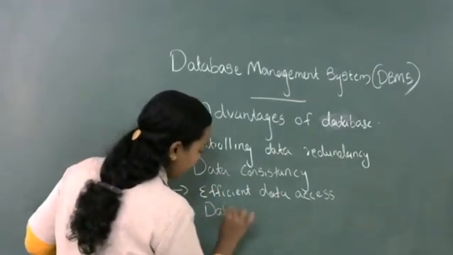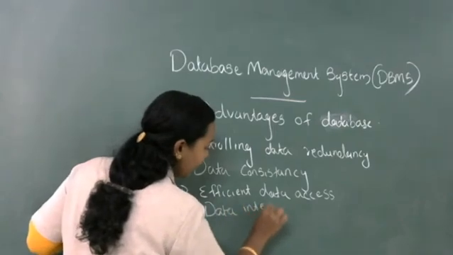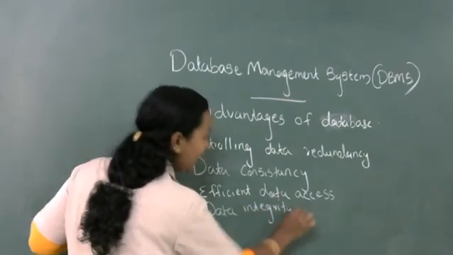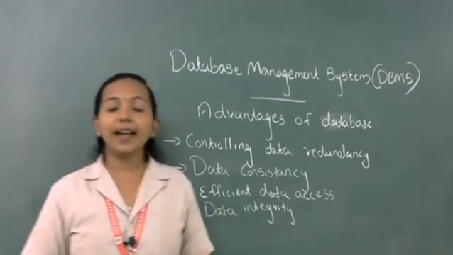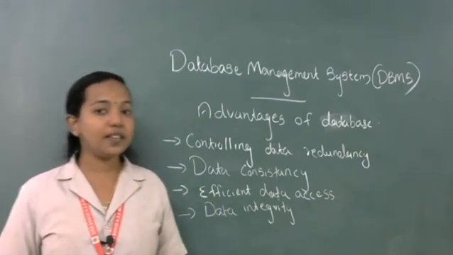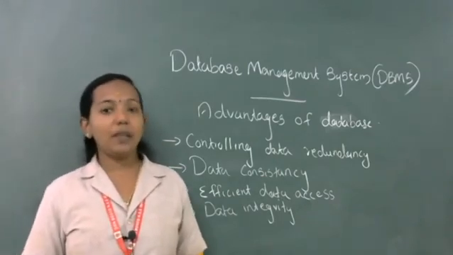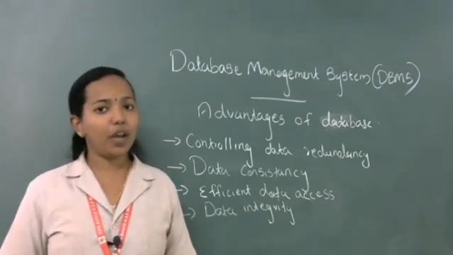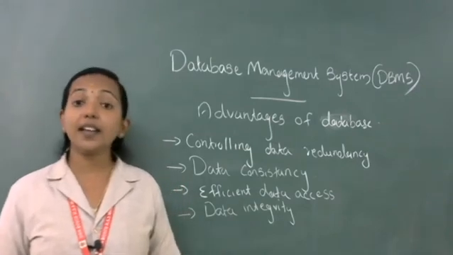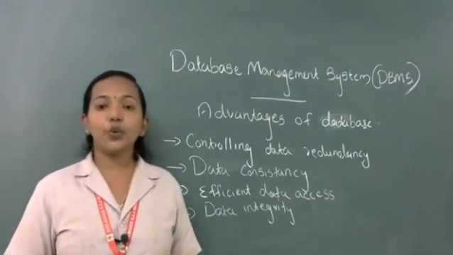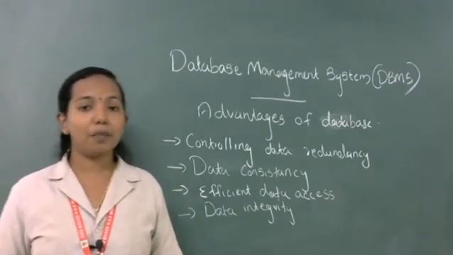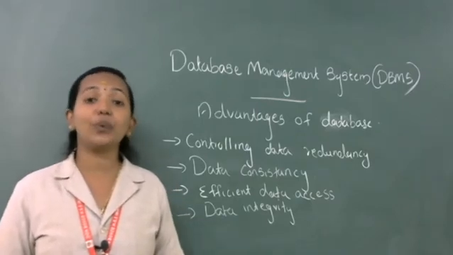Then the next one is data integrity. Data integrity provides some kind of security level. To identify a student, normally we use a register number. All the students have a unique register number or admission number, and using it we identify that particular student.